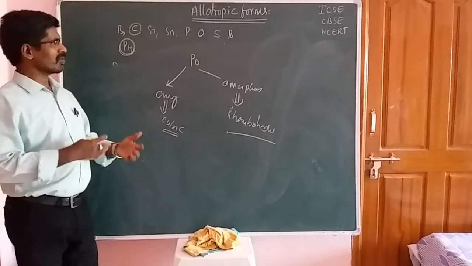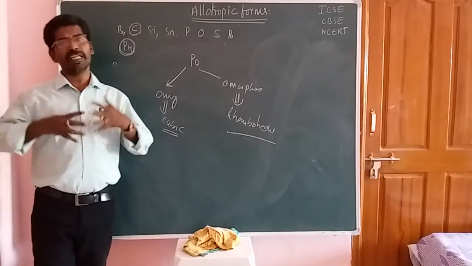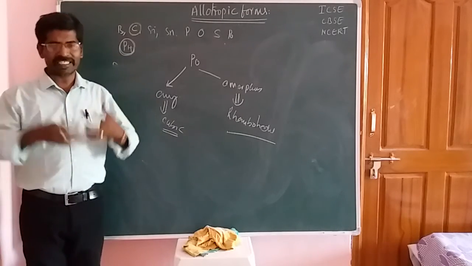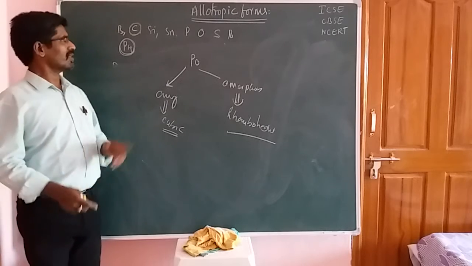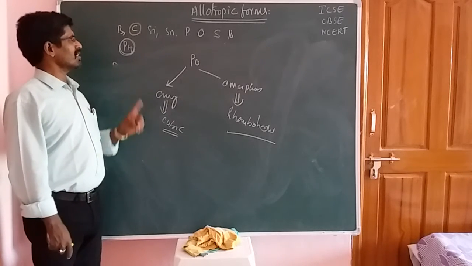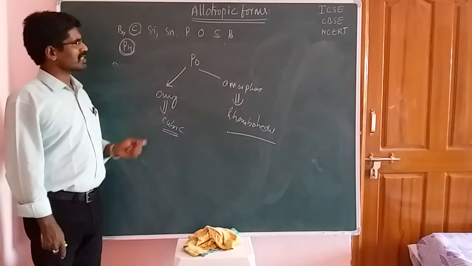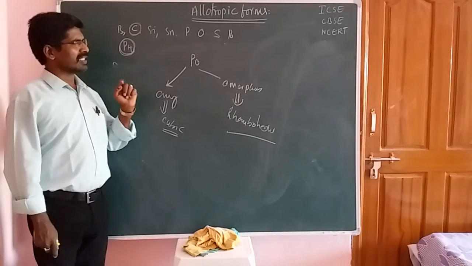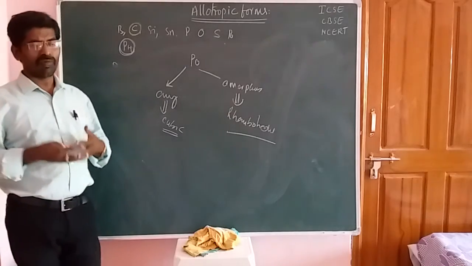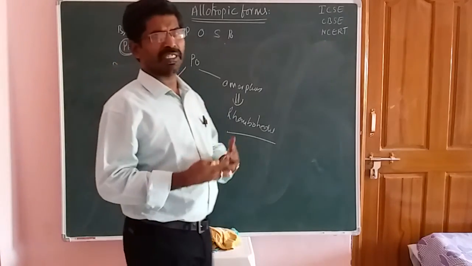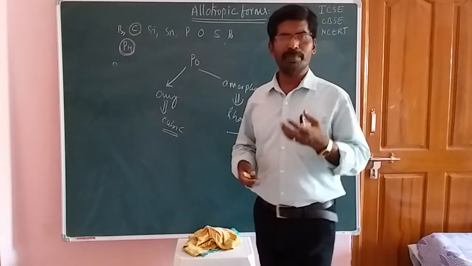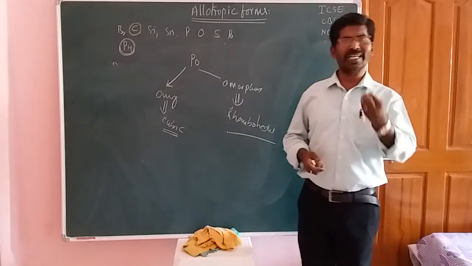Now tell me, students, which elements exhibit allotropic forms? Boron, carbon, silicon, tin, phosphorus, oxygen, sulfur, and polonium. What is the most important unit in boron? That is the B12 icosahedron structure.